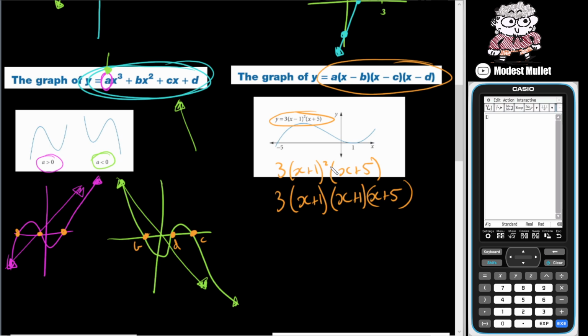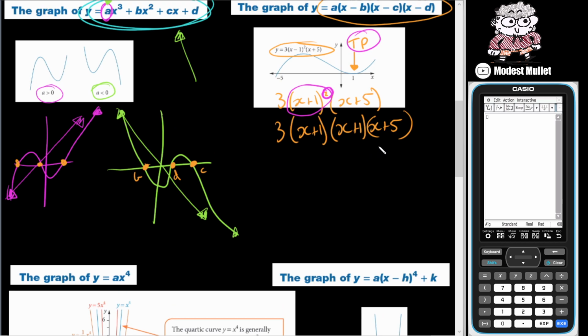If you ever have a repeated factor, that intercept is actually going to be where the turning point is. As soon as that intercept is repeated, that then becomes a turning point. And that's true of quadratics, that is true of cubics and quartics, that if you can factorize and have a repeated factor, or what we call a repeated root, then the intersection is a turning point. And that really helps you build an idea of the shape of a graph.